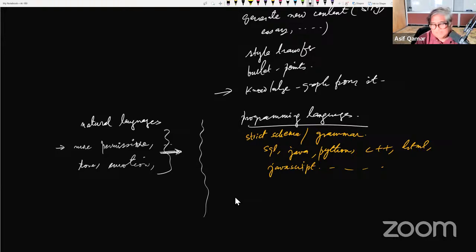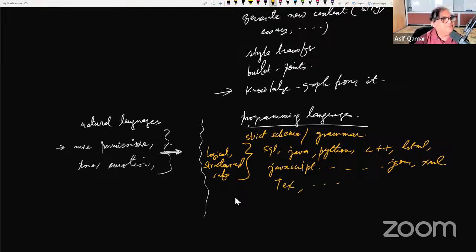Now the question comes, from a natural language, can you extract very logical, structured info that can be written in XML, even markup languages, LaTeX, text, whatever it is, in any one of these languages.